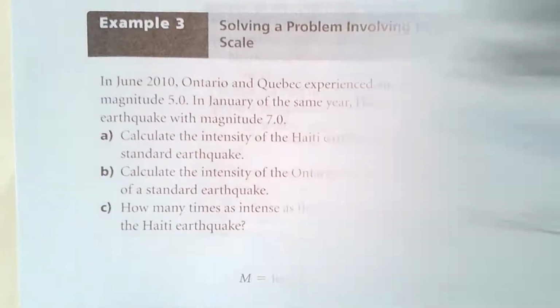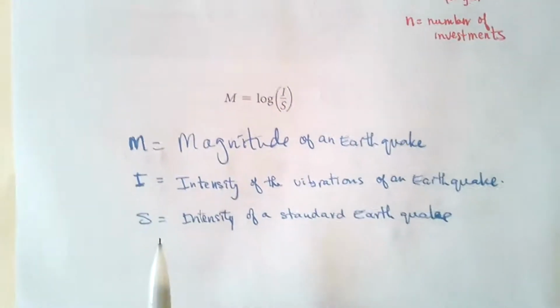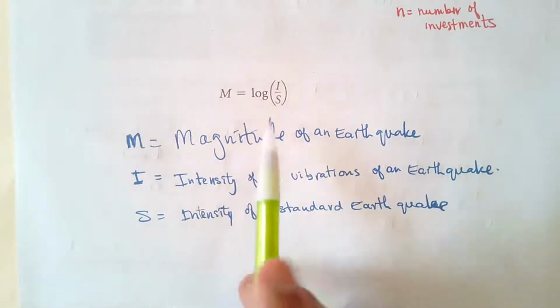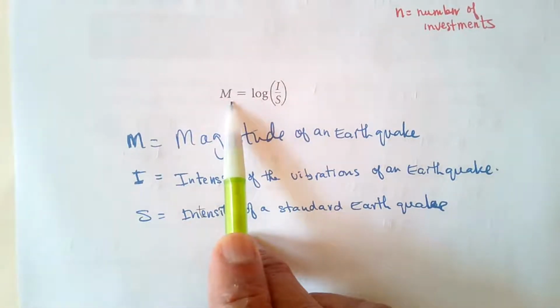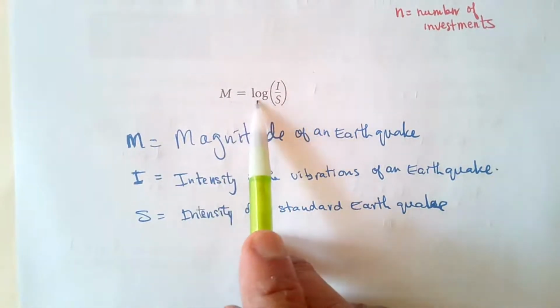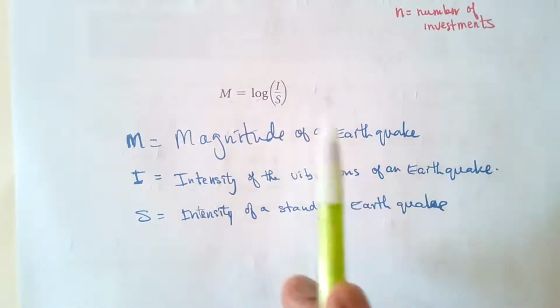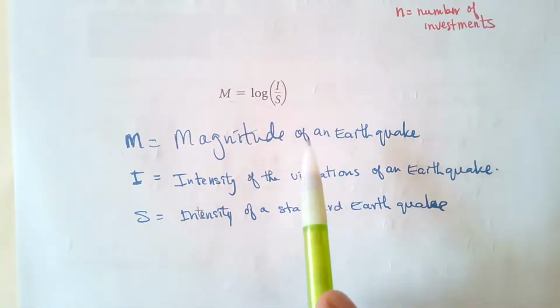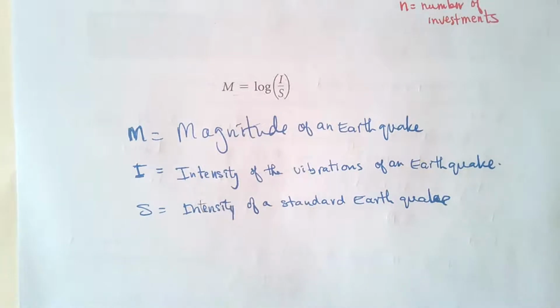So if you go back to Richter's formula, M is the magnitude of the earthquake, the log of the intensity of the vibration of the earthquake, and it's measured using a seismograph.